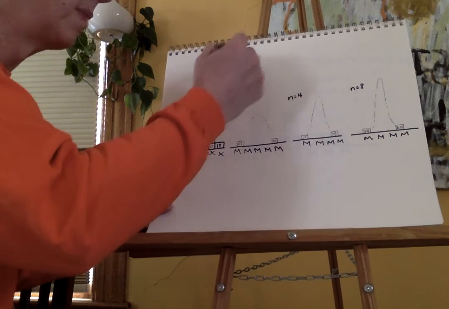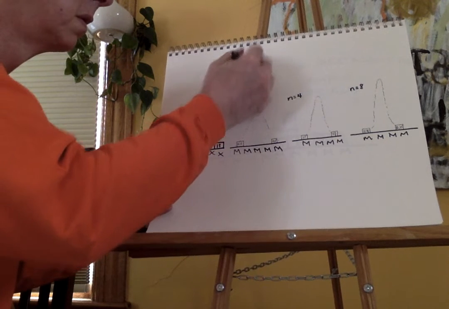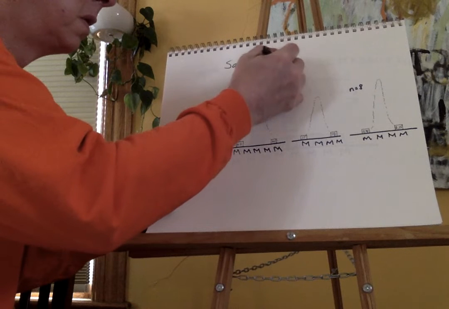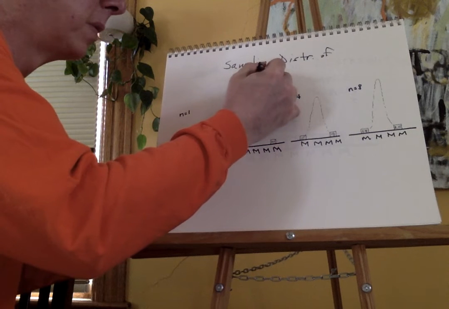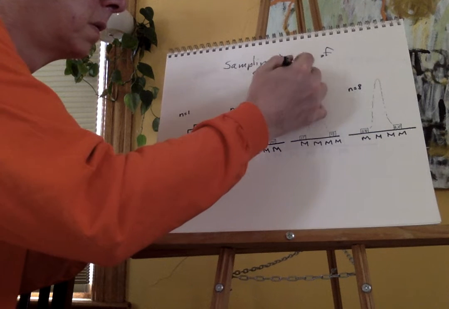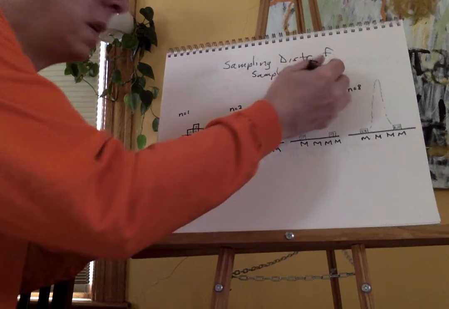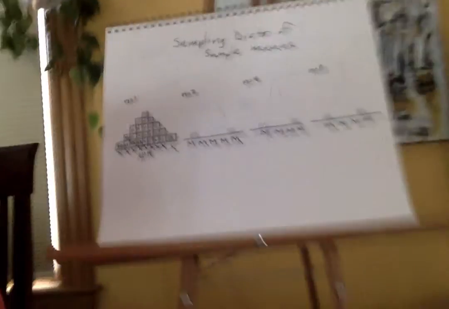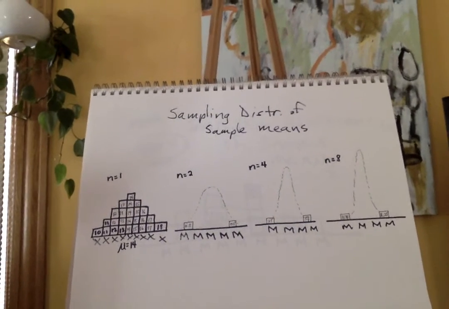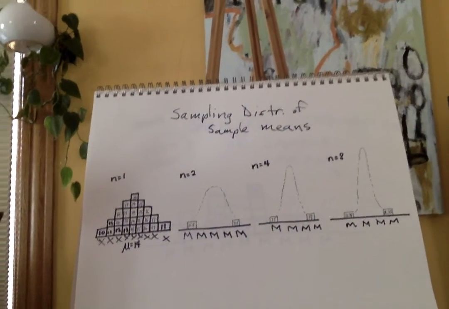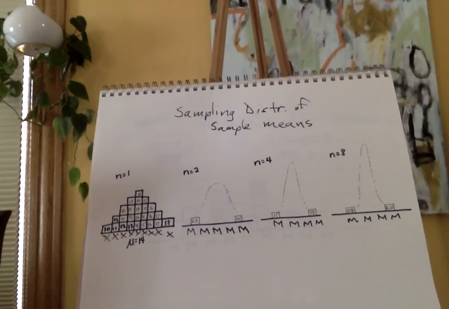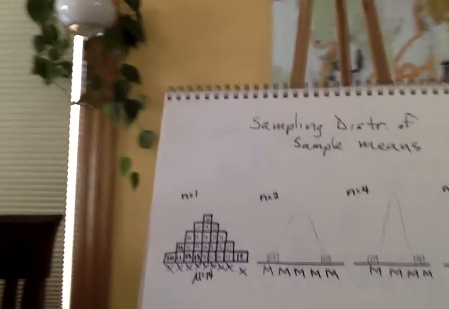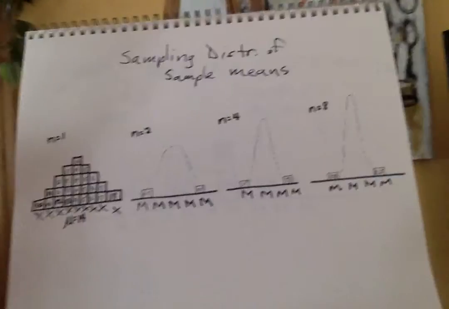So these are sampling distributions of sample means. Sampling distribution of sample means. That's why on the x-axis here we have m's, all right?